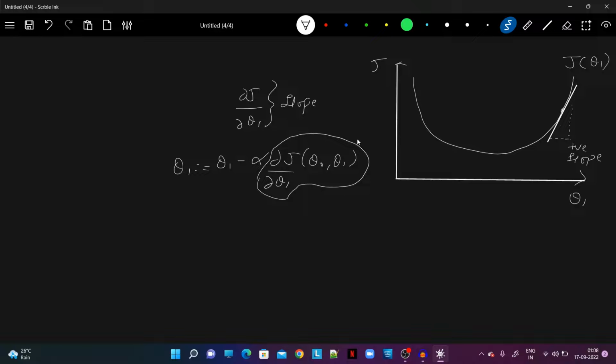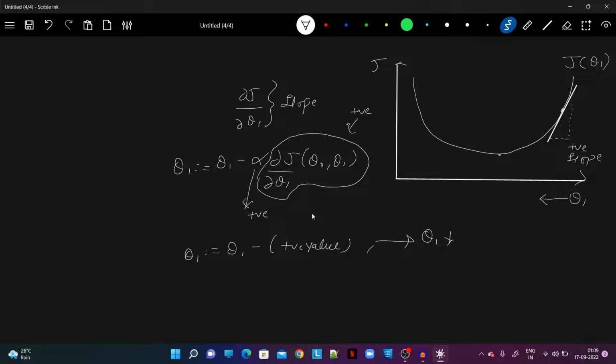If the slope is positive, this value would be positive, right? And the learning rate is a positive value, right? So it will do theta 1 equals theta 1 minus some positive value. So this will reduce theta 1, and theta 1 will move in this direction, that is, in the direction of the minima. So here somewhere would be the minimum value.